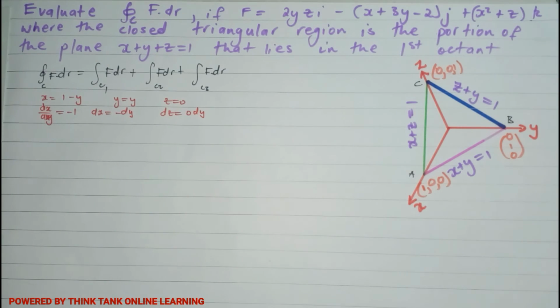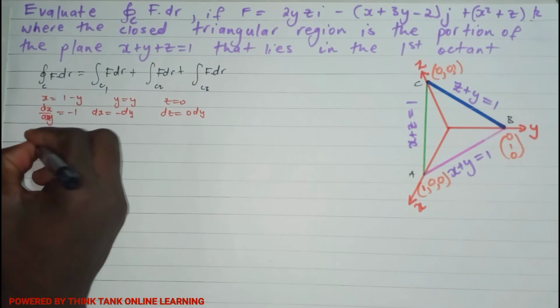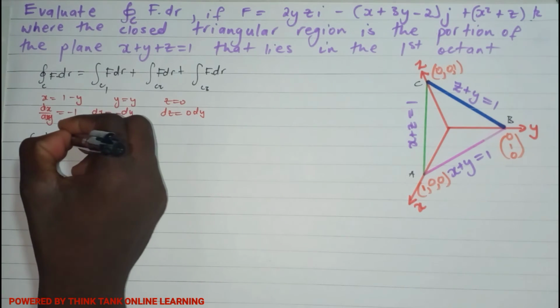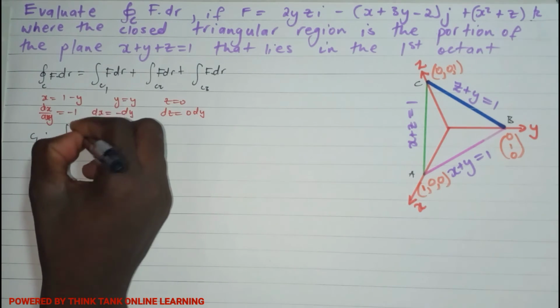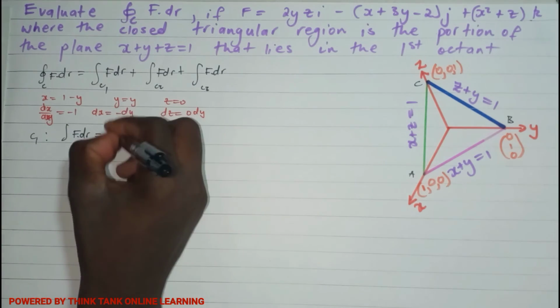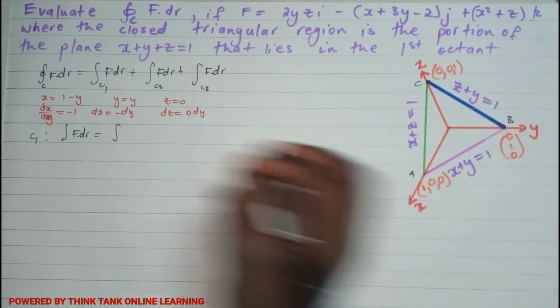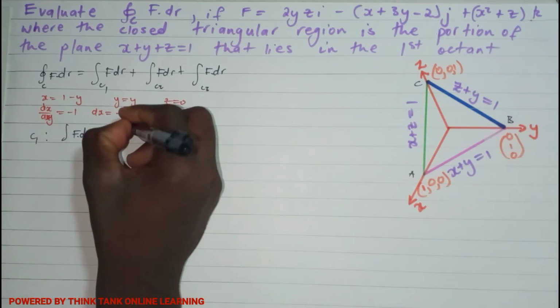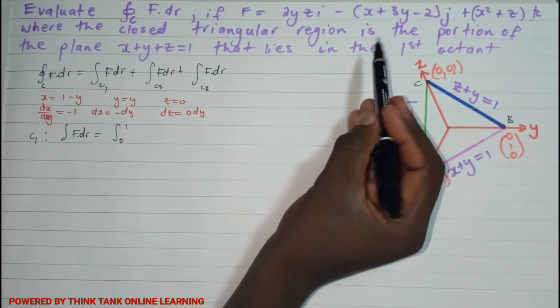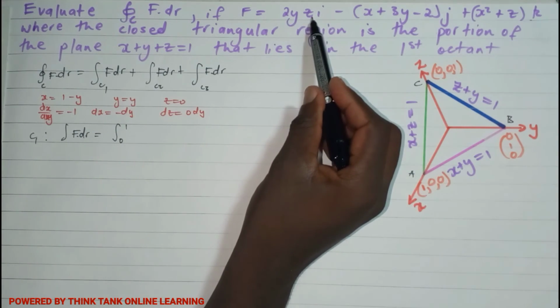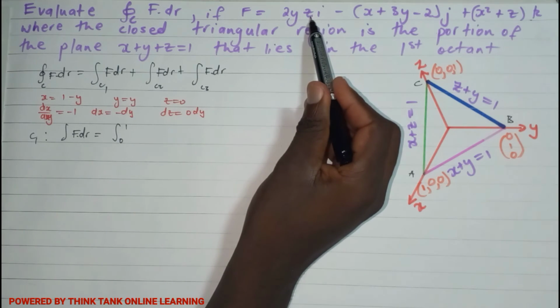Now let's perform our line integral for C1. For C1, F dot dr, y goes from 0 to 1. If you look at our vector field, we have 2yx, then z, but here z is 0, so we don't need z.